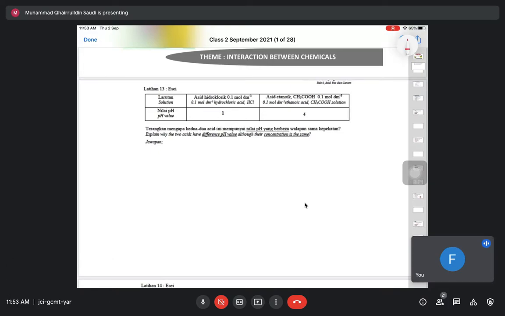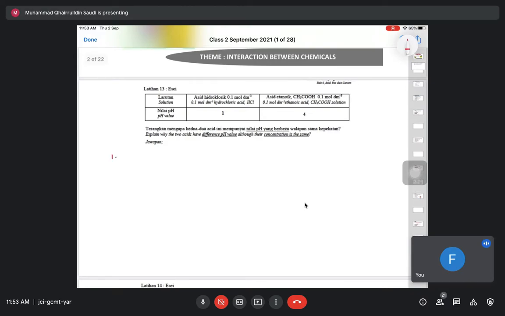The question asks you to explain why the two acids have different pH value although their concentration is the same. Okay, this one we already discussed last class. I've already given you the 5 points that you should include in your answer, and quickly we will just go through it.